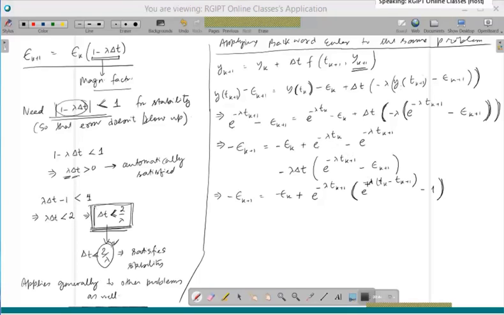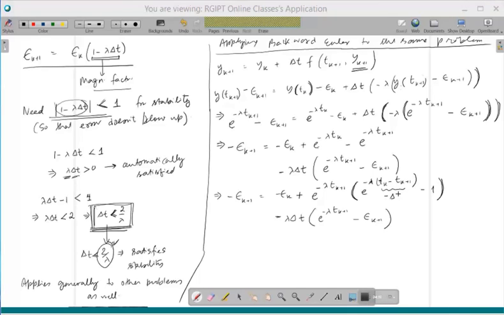Lambda t k minus lambda t k plus 1. Okay, fine. Okay, and then minus lambda delta t e raised to minus lambda t k plus 1 minus epsilon k plus 1. Okay, all right. This quantity is what?